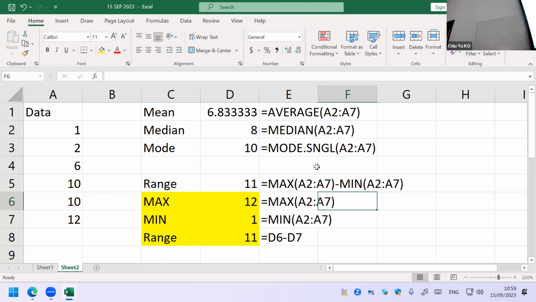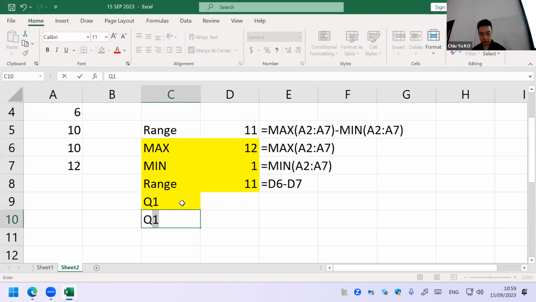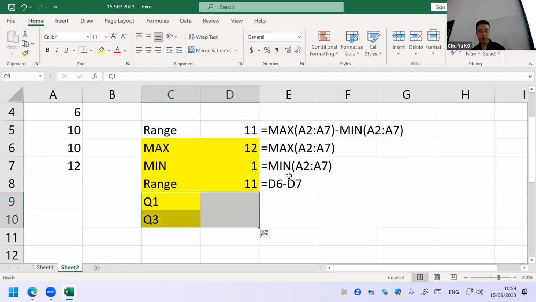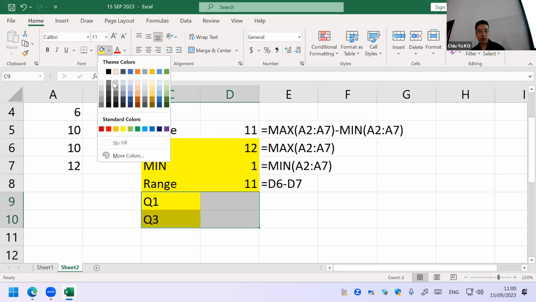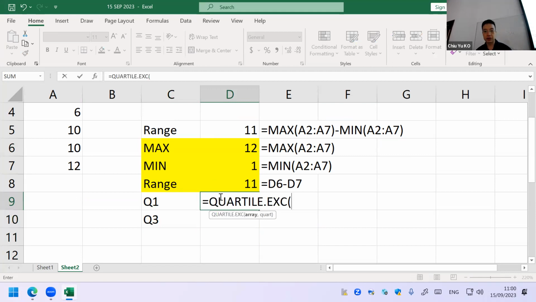Okay. So next I want to do the IQR, and unfortunately there's no IQR function, so we need to do Q1 and Q3 before we can do IQR. How to do Q1 and Q3 is, as I mentioned, you have QUARTILE.EXC, quantile exclude, and probably you will see quantile include, but that will be another thing.